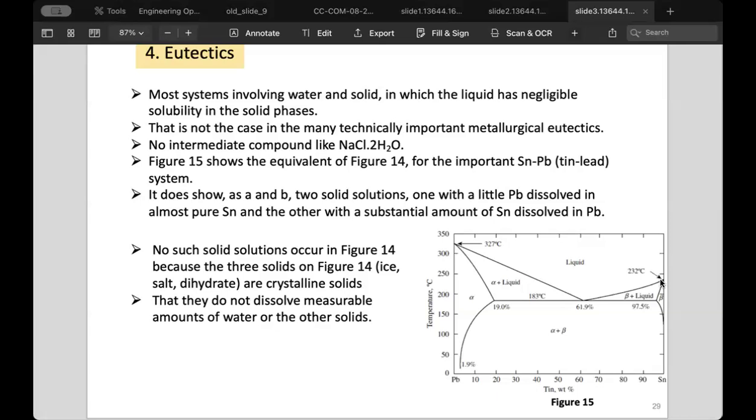For pure lead, the melting point is here. For pure tin, the melting point is here. When you mix them, you can form a liquid phase even lower than this point and this point. And the lowest one is the eutectic point here.